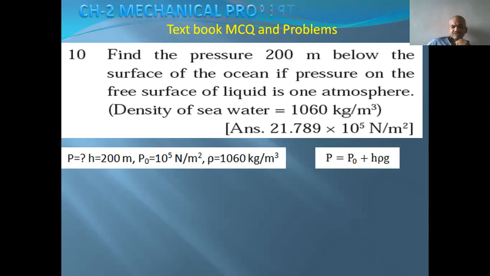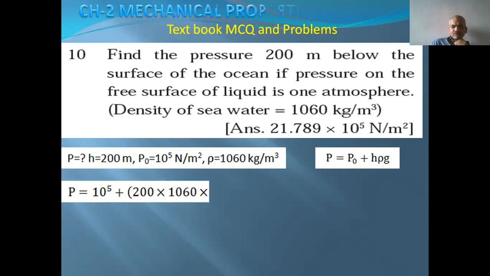The equation is P is equal to P0 plus h rho g. In this case, you can easily substitute the values, because all terms are given in the data: P0 10 raised to 5, h 200, rho 1060, and the acceleration due to gravity 9.8.